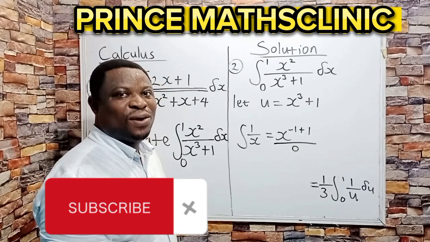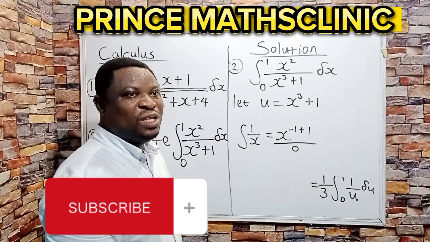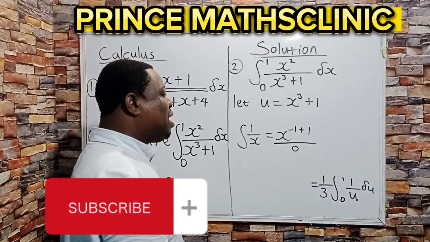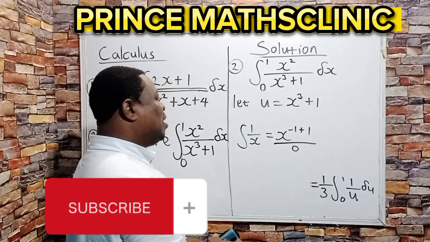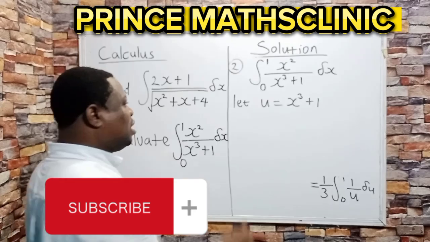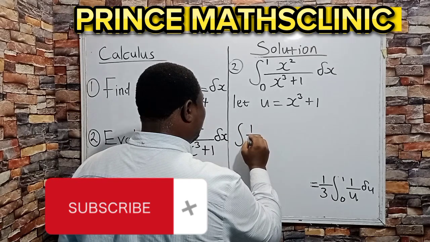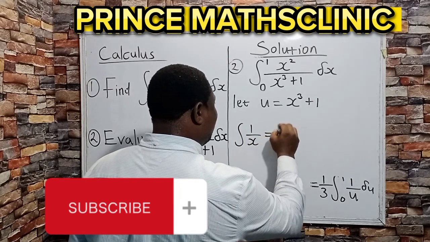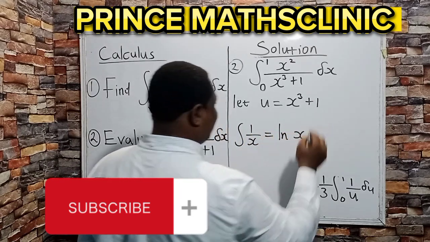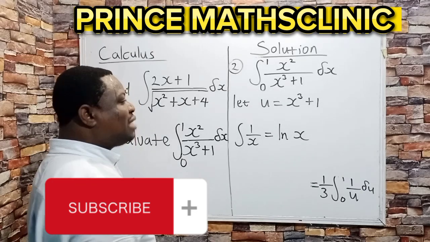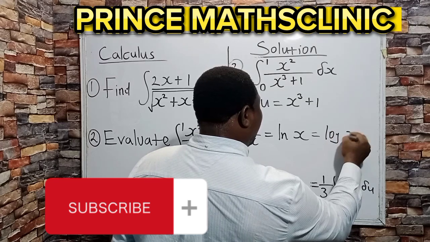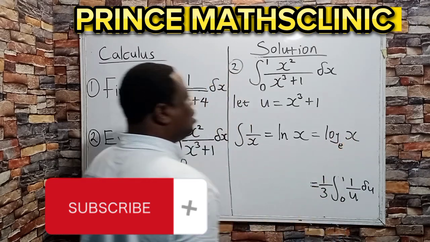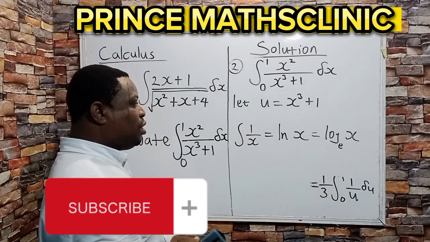Error, math error, or infinity, which will make your work that you have been doing so far invalid. But rather, when you integrate 1 over x, it's going to give you ln x. Or better still, you can write it as log x in base e. They have the same interpretation.